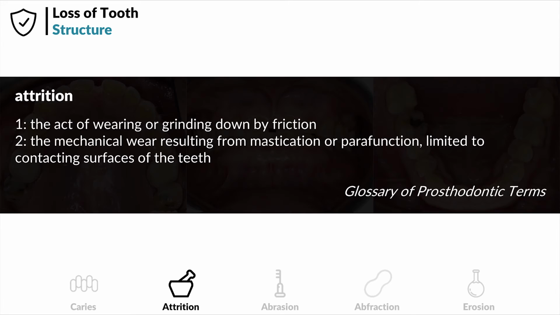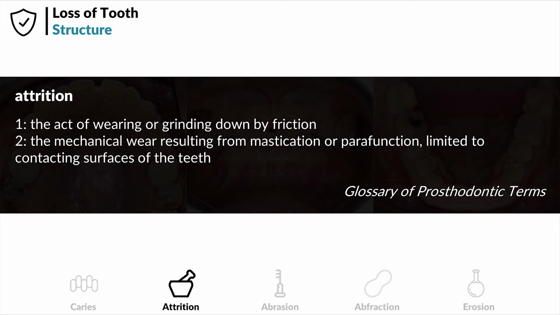So attrition is the act of wearing or grinding down by friction. So somebody that grinds their teeth, what's the act of grinding your teeth? It's bruxism, right? Bruxism leads to attrition a lot of the times. Not all the time. You can be a bruxer and not actually wear down your teeth.